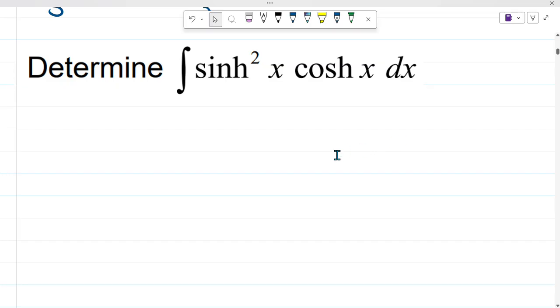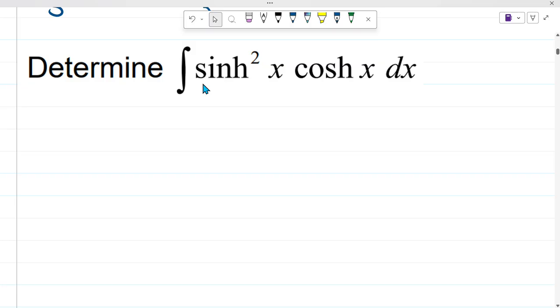You know, sometimes they fight you, these lecturers or the examiners. So what you need to be aware of is that sometimes you will meet the general power rule inside the process of solving these integrations of hyperbolic functions, just like the question presented here.